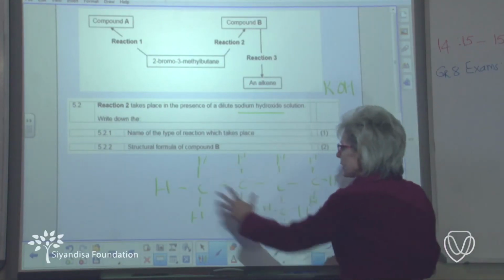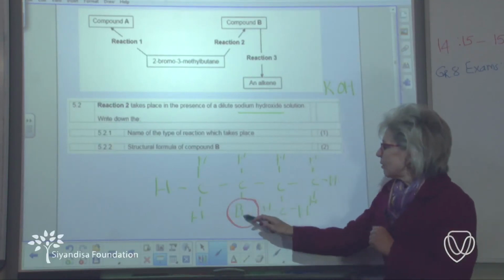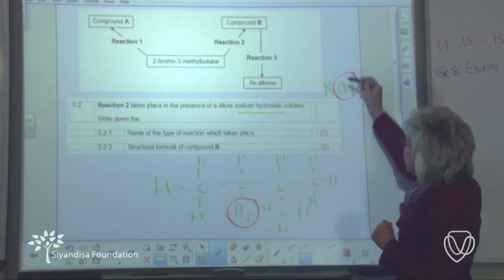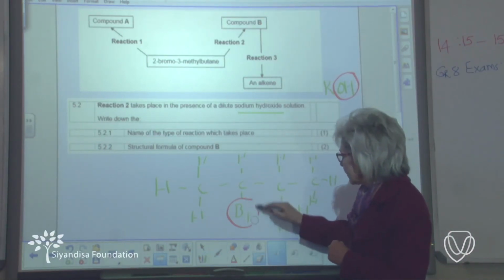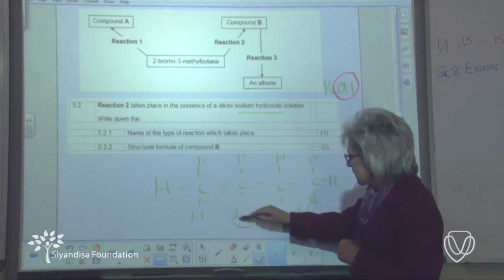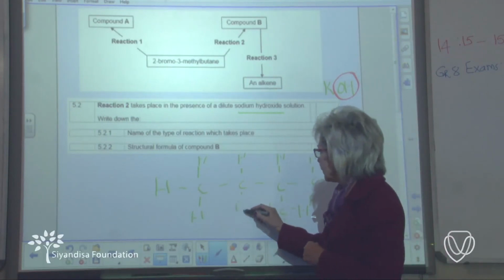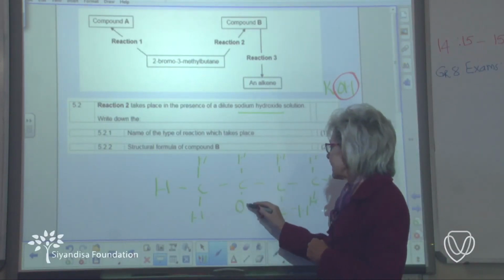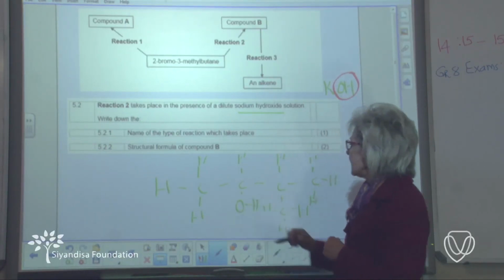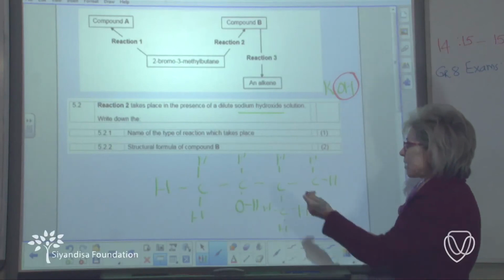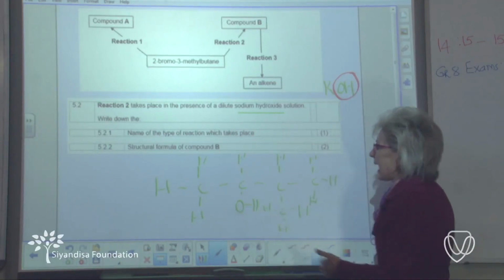And in my structure here, the not haloalkane part is the bromide part. And the bromide part will be substituted by the hydroxyl part. This means I am removing bromide and I am replacing it with the hydroxyl. And again, structural formula, so do indicate the H. And whether you drew the H there or below it, it really doesn't matter. So structural compound here, so we've now turned a haloalkane into an alcohol.